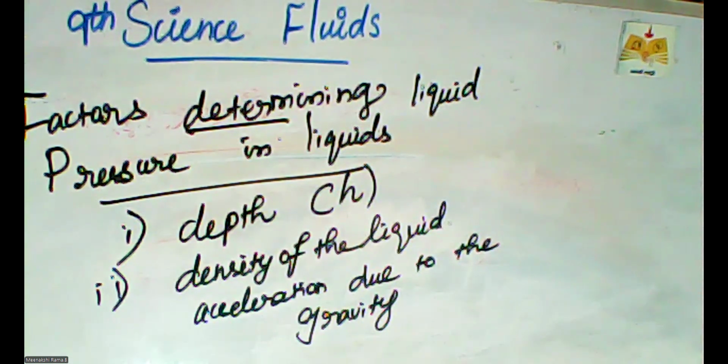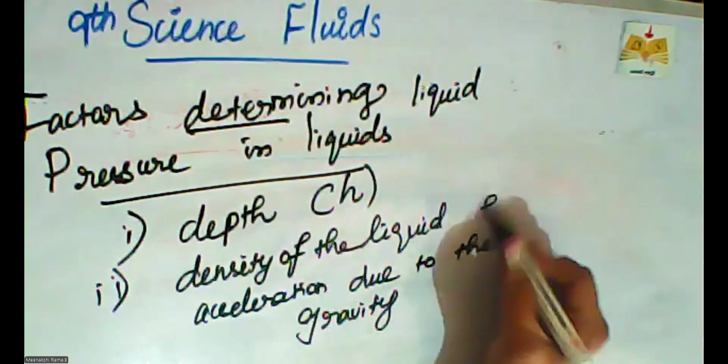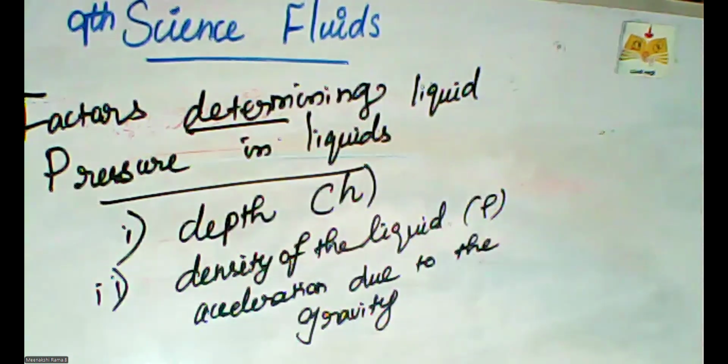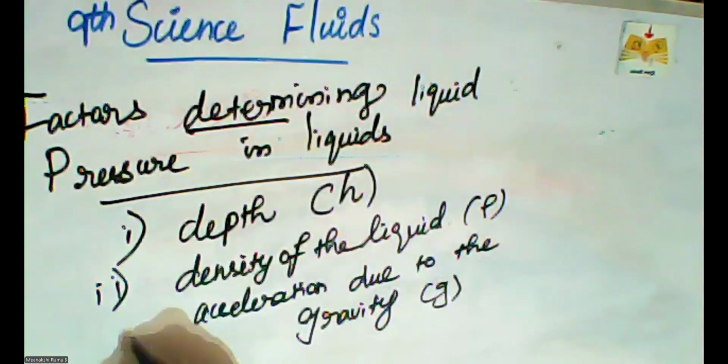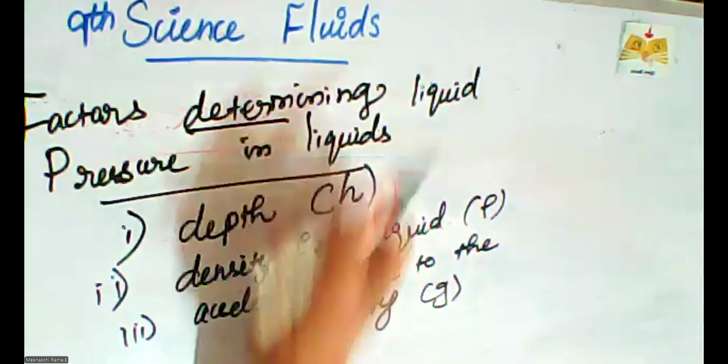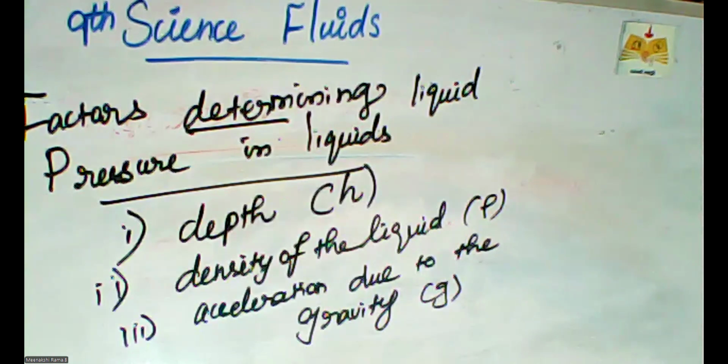First one is depth, that is height, second is the density of the liquid, that is rho, and acceleration due to gravity is g. So these three factors determine the pressure in liquids. First activity: I am going to explain the concept with the help of a simulation.